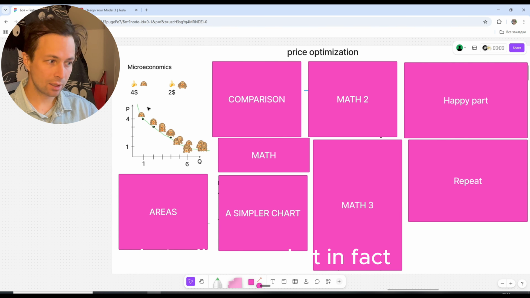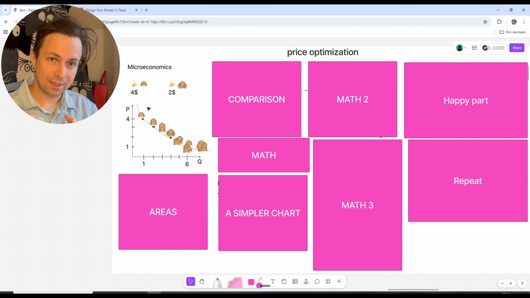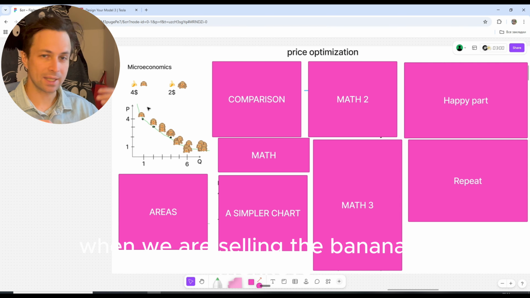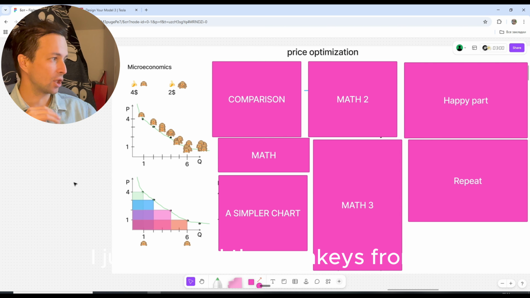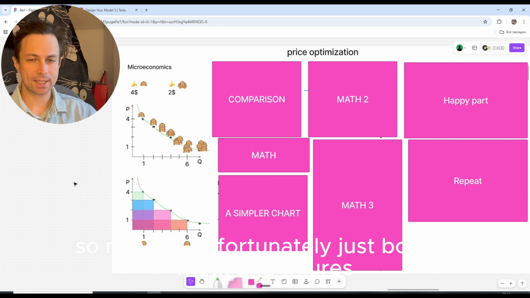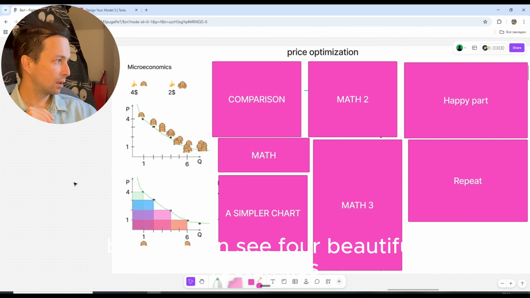Let's discuss what in fact is our revenue when we are selling the bananas to monkeys. On this chart, it is the same chart, I just deleted the monkeys from it. So now it's unfortunately just boring math and figures. But you can see 4 beautiful rectangles.